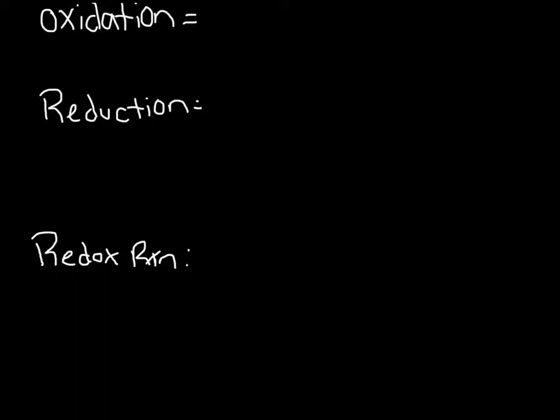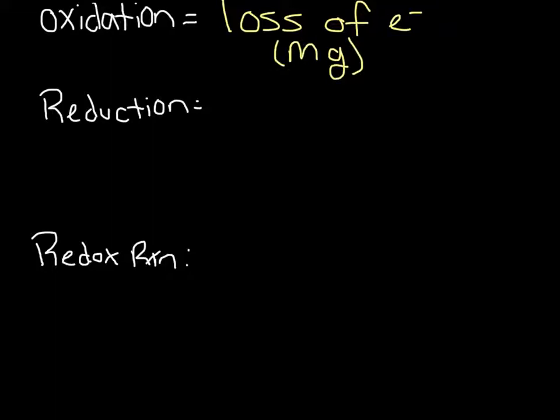This takes us to the terms of what oxidation and reduction are. Oxidation, by definition, is the loss of an electron or multiple electrons. In the previous example with magnesium and oxygen, or magnesium and nitrogen, magnesium was the element being oxidized because it was losing its electrons and becoming a positive ion.